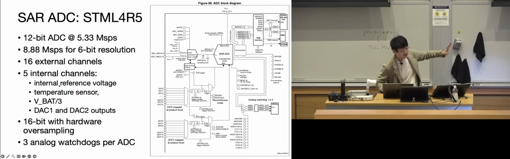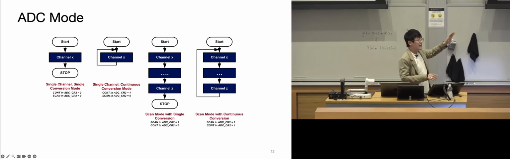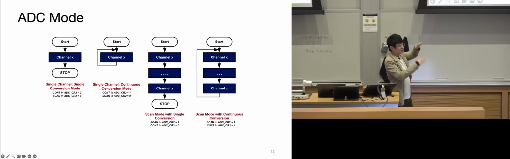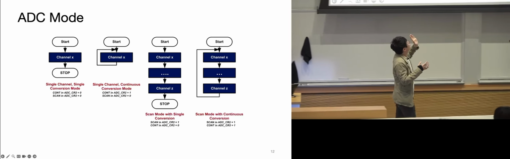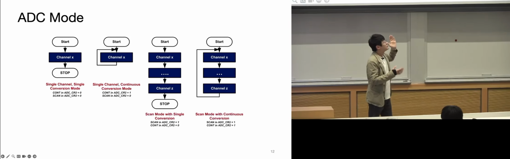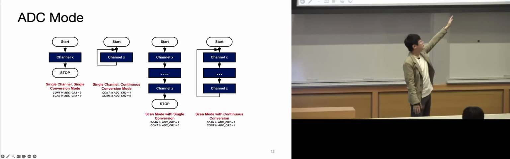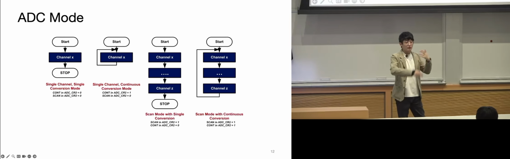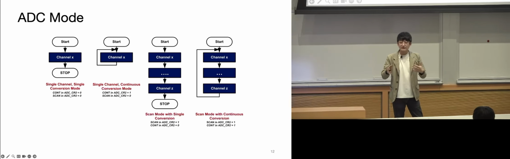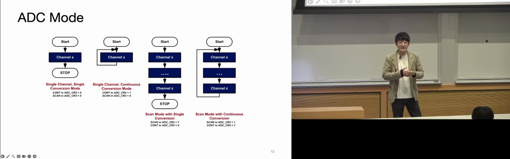Actually, you have 16 external channels. So you can have them programmed to be in sequence. A common example: maybe you're driving your car and the car does a scan of the sensors every, I don't know, 5 minutes or something.